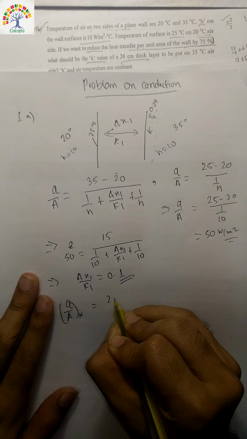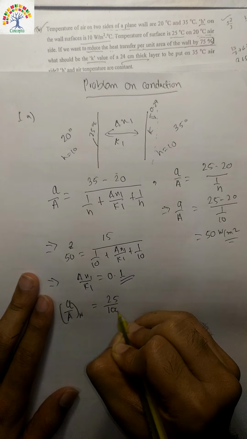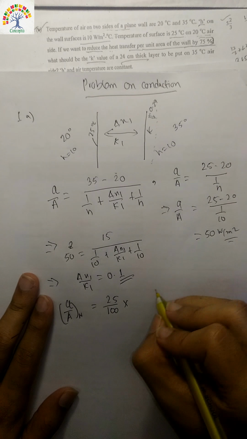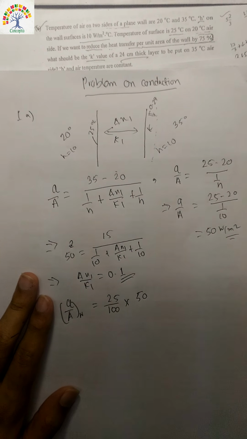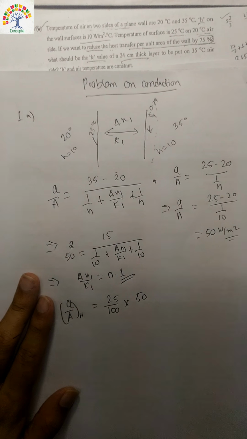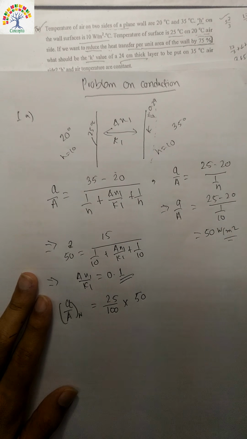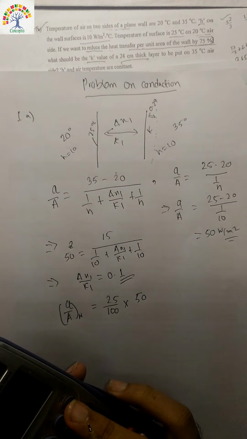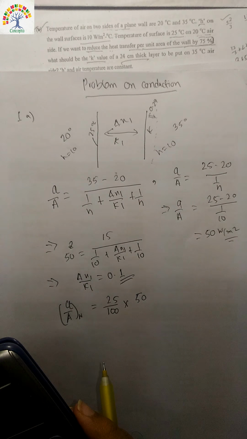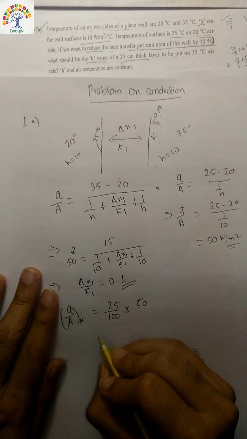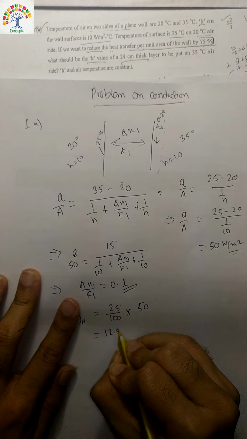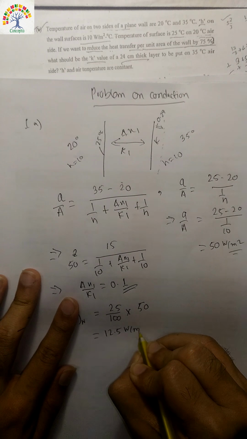It will be 25 by 100 into 50. If the question said 75%, we would have just multiplied by 75, but we have to understand this. So it is 12.5 watt per meter square.